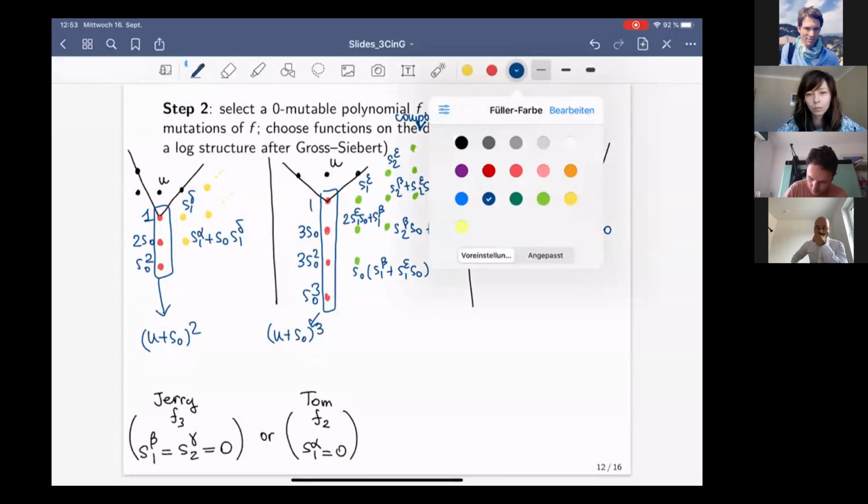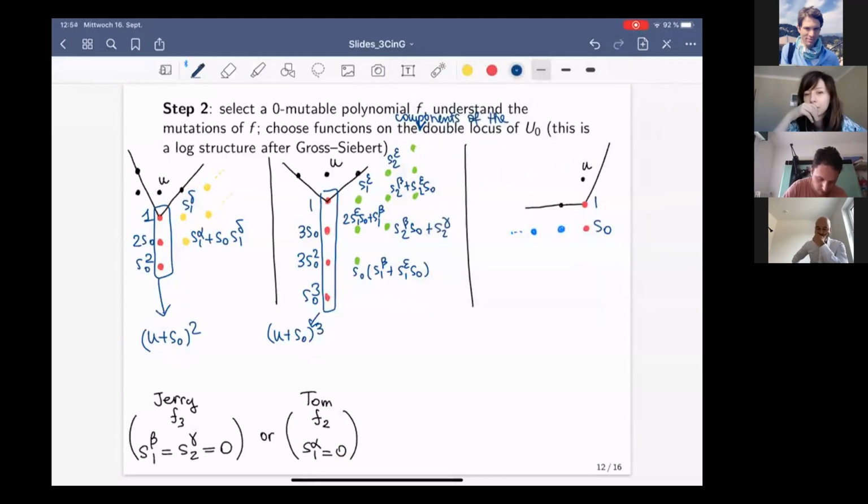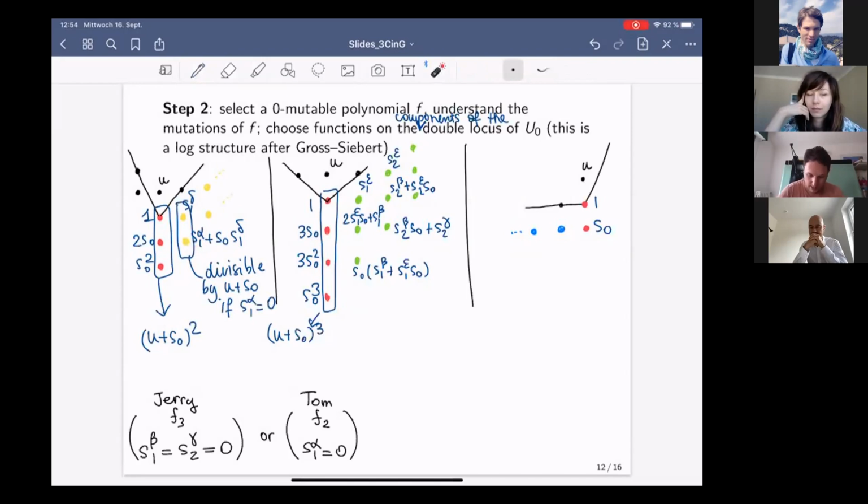So let's make it blue. So this part here is divisible by u plus S0 if S1 alpha is equal to 0, because S1 alpha vanishes. And the same works here, because now assume that you are in this regime where S1 beta is equal to S2 gamma equals 0, then this means that this is a square, because this vanishes and also this vanishes.